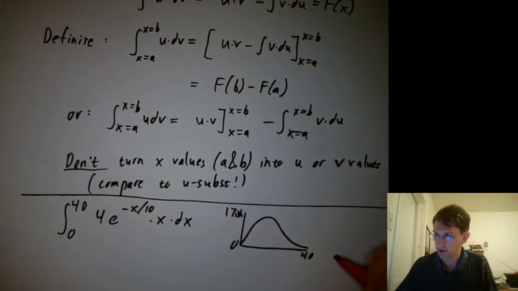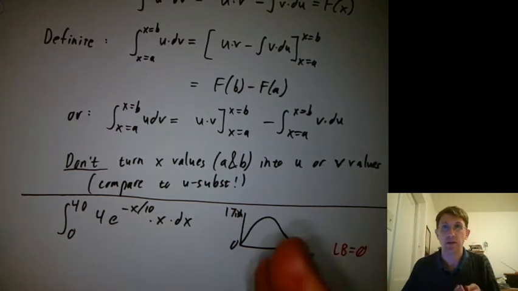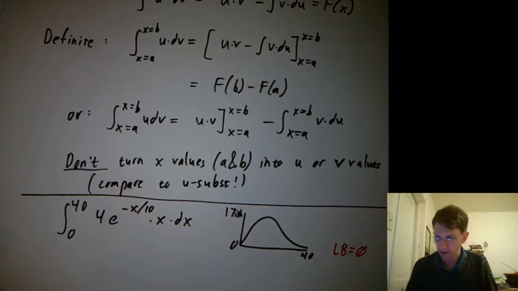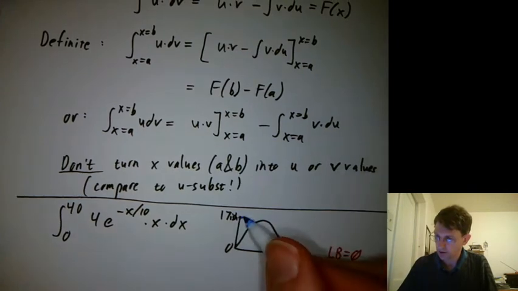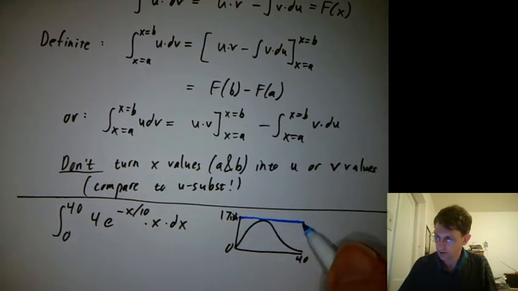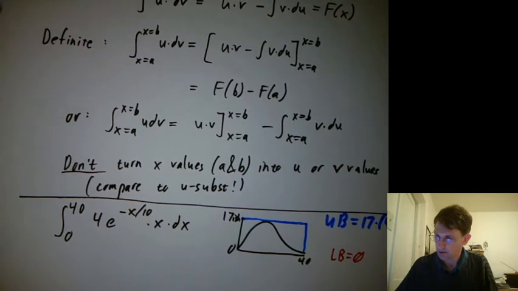So I'd say a lower bound of 0 would be pretty good, right? This integral has to be positive. It's hard to do any better lower bound than that. How about an upper bound? We'd say 17-ish there. 17 times 40 minus 0, which is about 680.